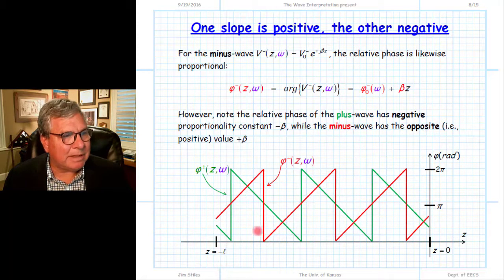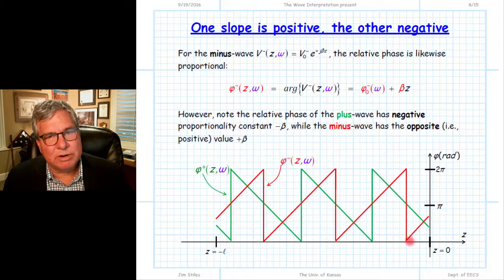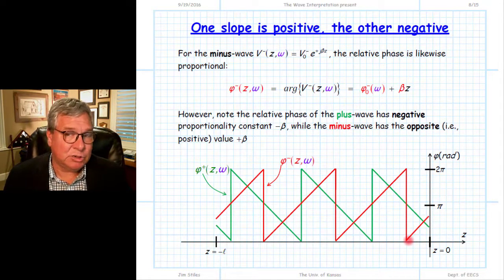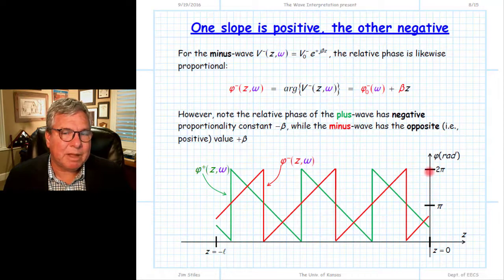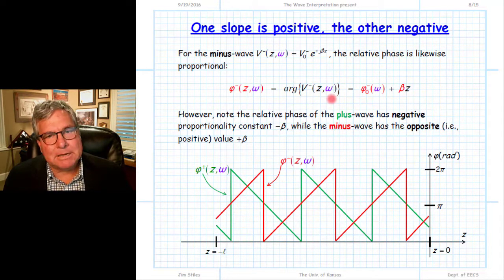Now, what about these transitions that happen? This sudden discontinuity in the phase. This is simply because we're plotting the phase over a 2 pi mapping from 0 all the way to 2 pi. Of course, we also could have mapped it from pi to minus pi. And this comes from Euler's equation.